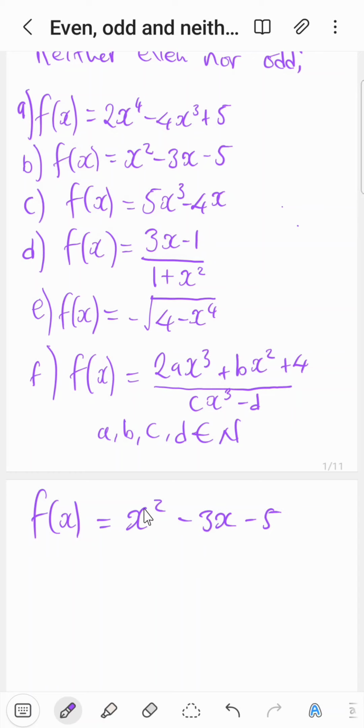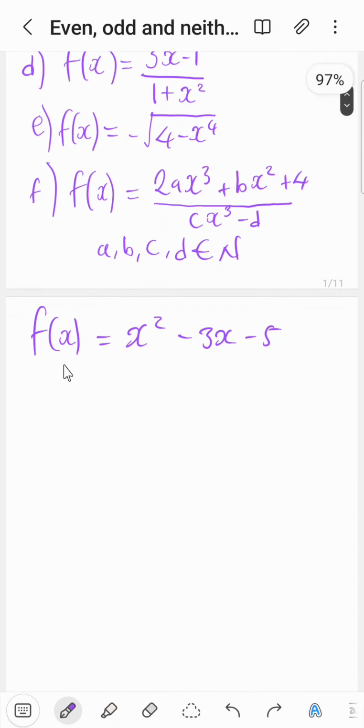So like I said, you check: this is even, this is odd, same as the first one, so this function will be neither odd nor even. That's just the simplest way of knowing and working towards the answer. Okay, let's now prove it, not just assume.